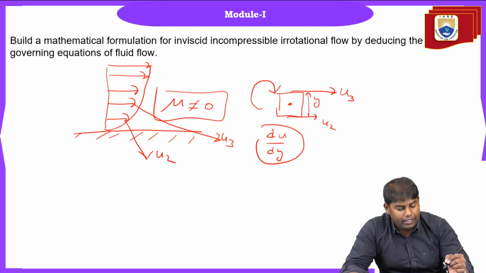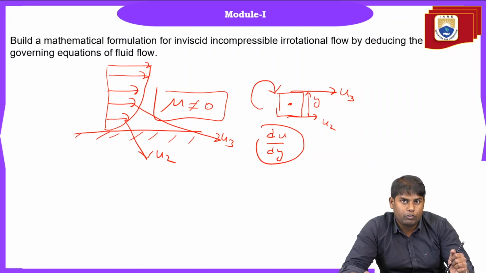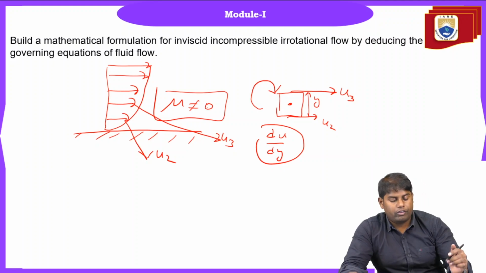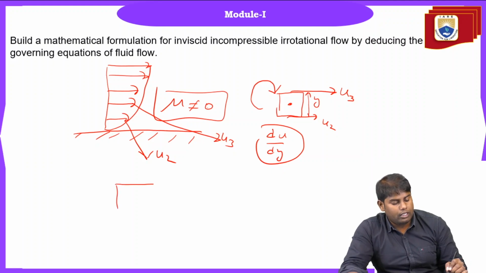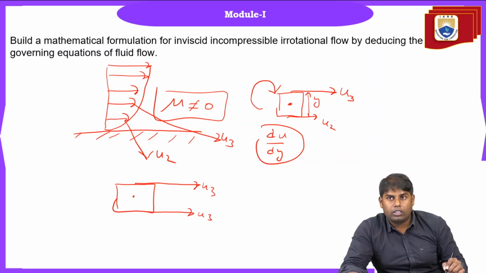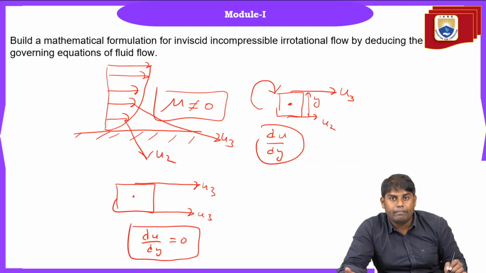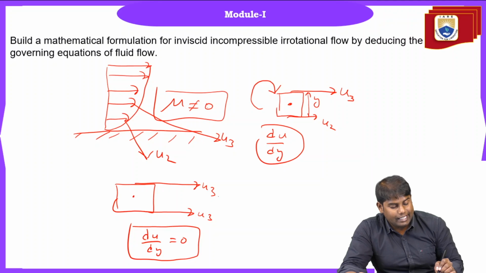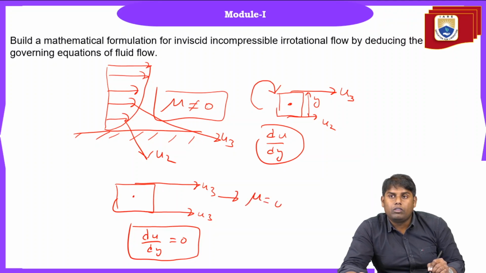So what is the meaning? When you take a fluid particle and you have the viscous effect, then you have rotation of the fluid particle. If for the same fluid particle you have u3 here and again u3 here, if the velocity u3 is the same, then the du by dy term is equivalent to 0, so it will not vary. This is the condition of mu equal to 0.